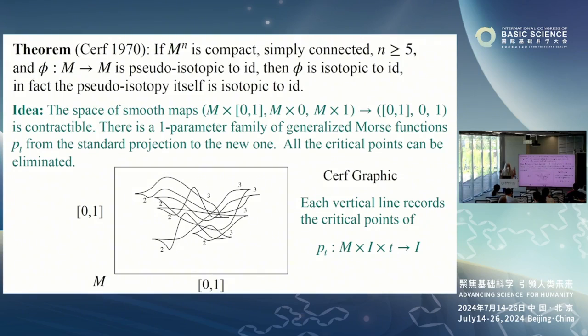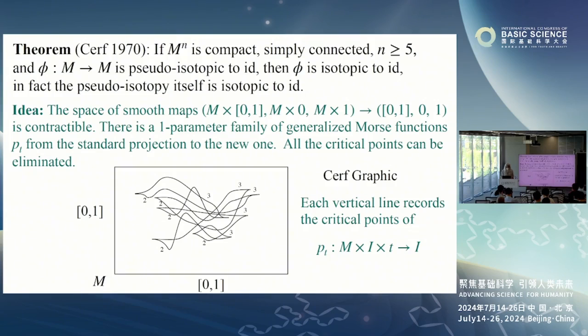It's a really long and hard piece of work. But the idea, you could summarize in a manner which is, remember, pseudo-isotopy corresponds to maybe a standard product structure and a different product structure.